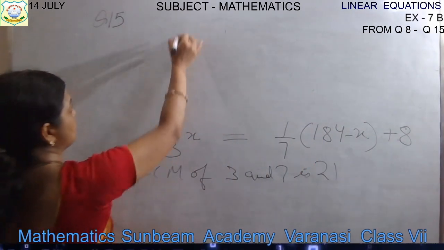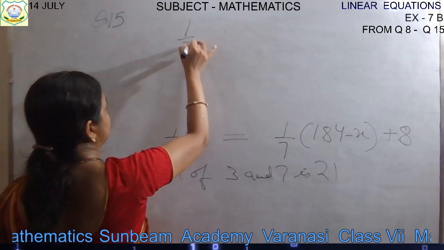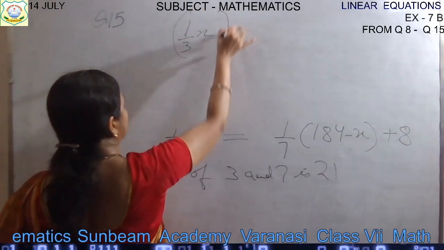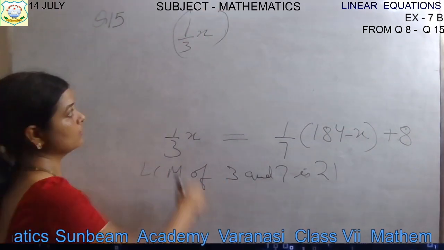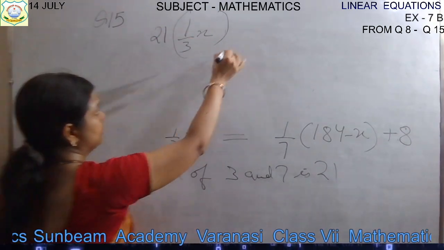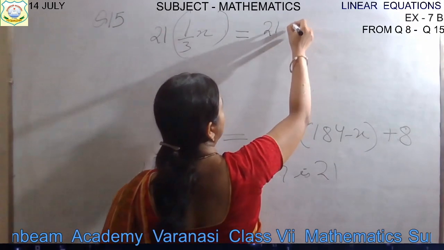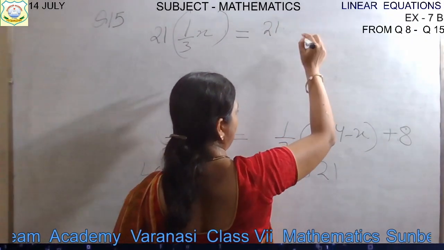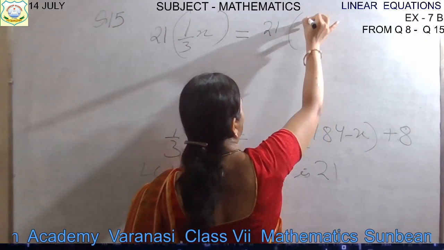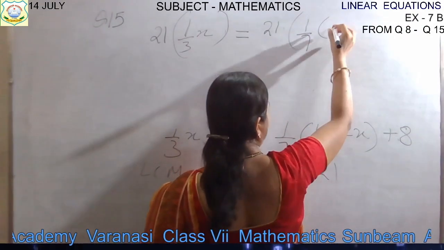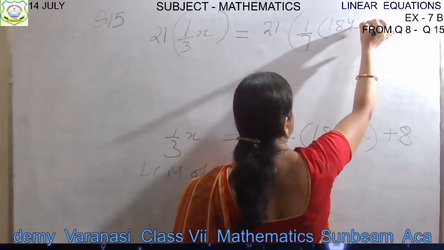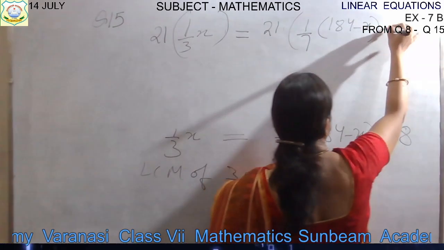Now its LHS is 1/3x. What we have to do? We have to multiply 21, and that side also you have to multiply 21. 21 into 1 by 7 of 184 minus x plus 8.